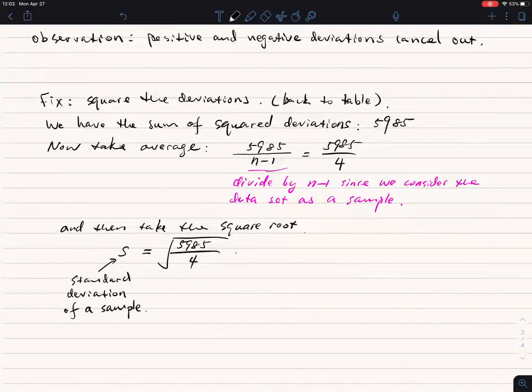Okay, plug this into your simple calculator. This is about, if I keep 2 decimal places, 38.40.